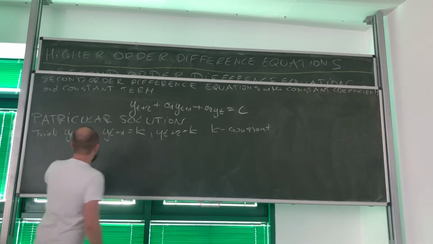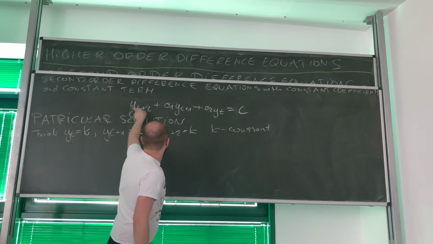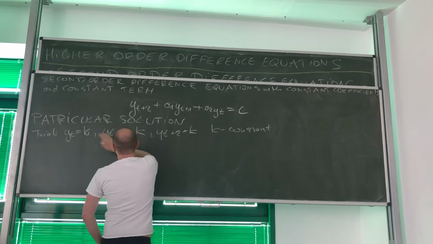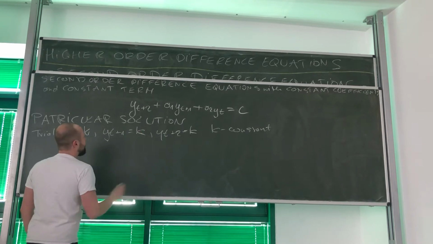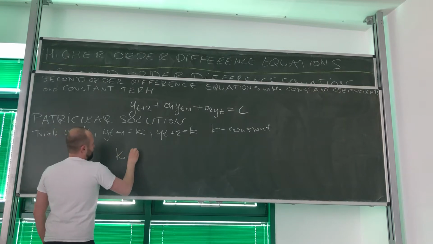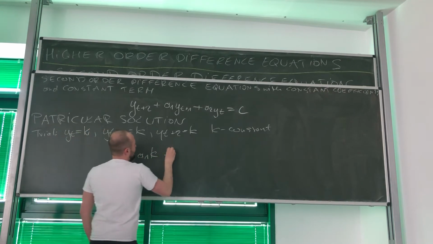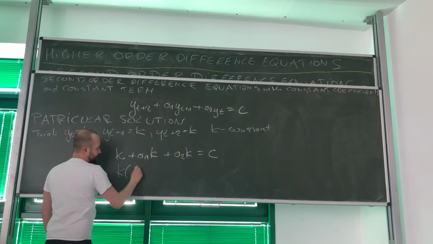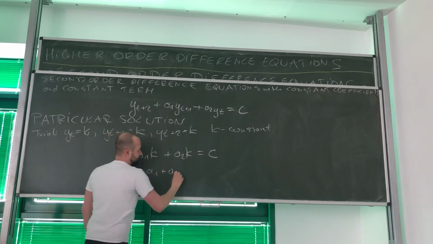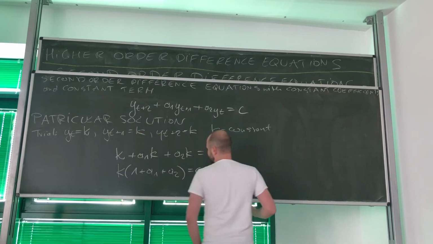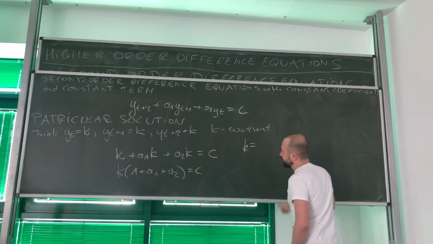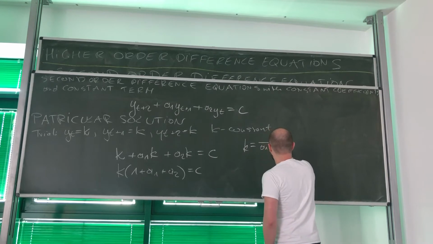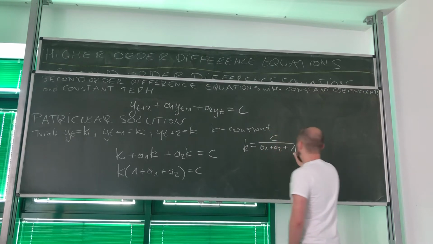What I am doing right now is substituting this into our equation instead of yt plus 1 and yt plus 2. So we get k plus a1 k plus a2 k equals c. I can take k out, so k is equal to c over a1 plus a2 plus 1.